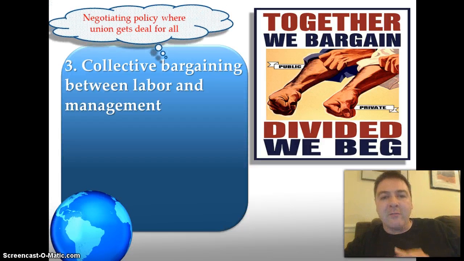So collective bargaining was a negotiating strategy, a policy where the union tried to get a deal for all the workers at the job. That strategy between labor and management was a big part of the labor unions.